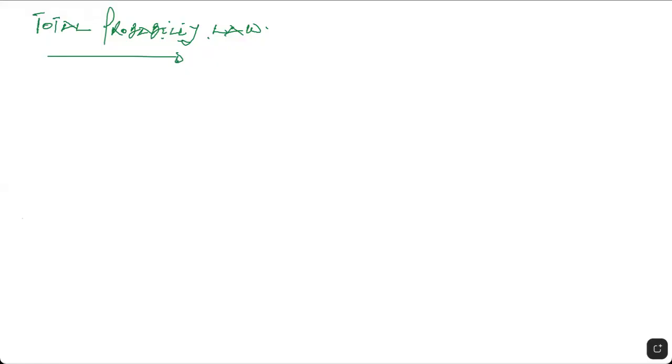What we want to consider today is the idea of total probability, and we would leverage this concept to discuss another important principle or theorem, which we call the Bayesian theorem.